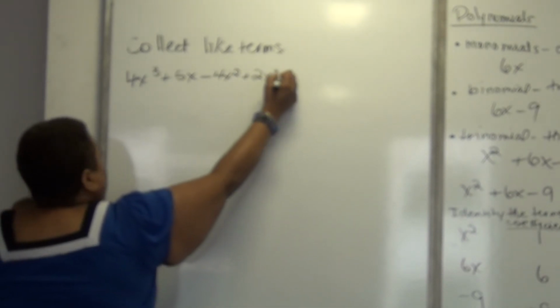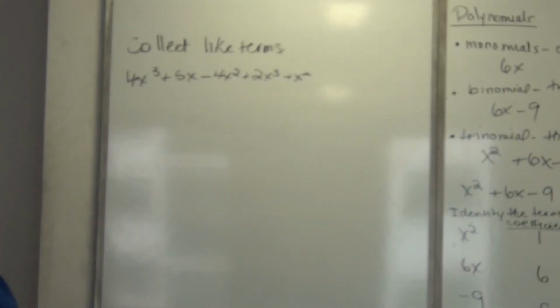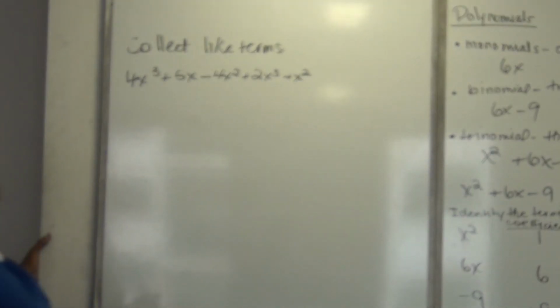If you notice, all these terms have x, some have exponents. You notice all these have an exponent. But in order for them to be alike, they have to have the same exponent.